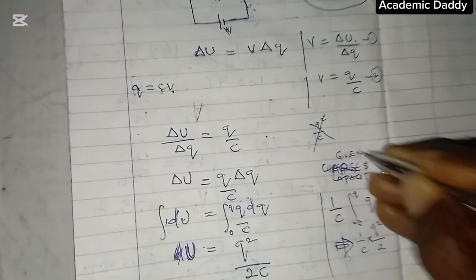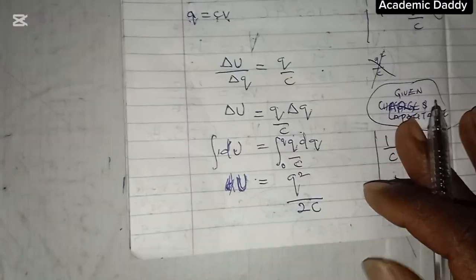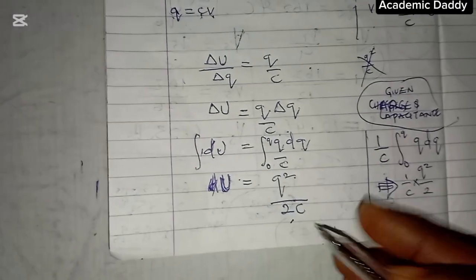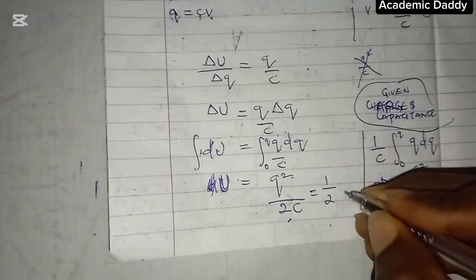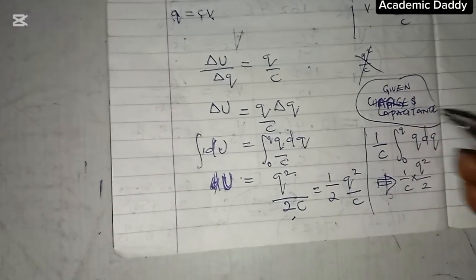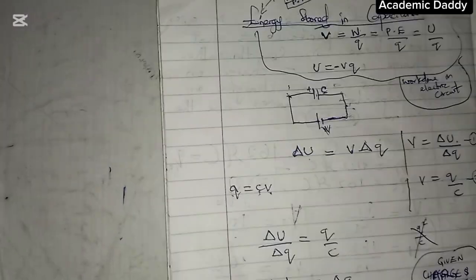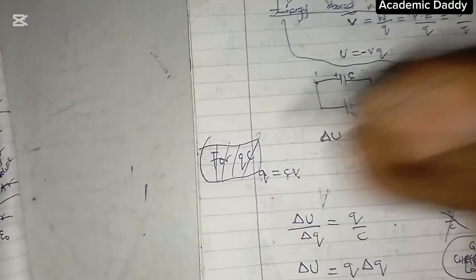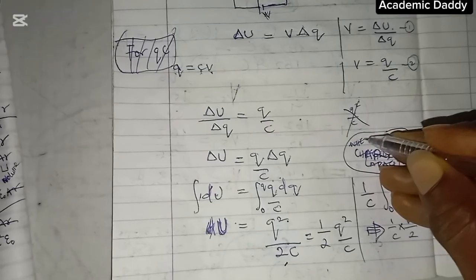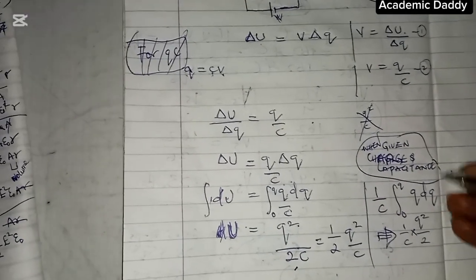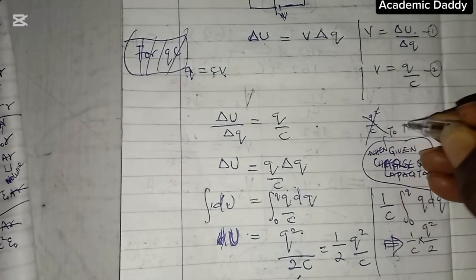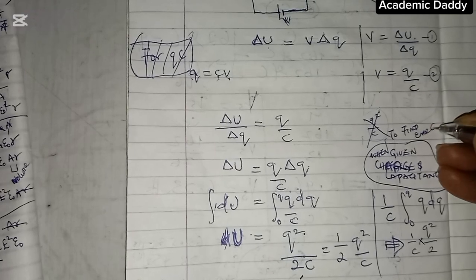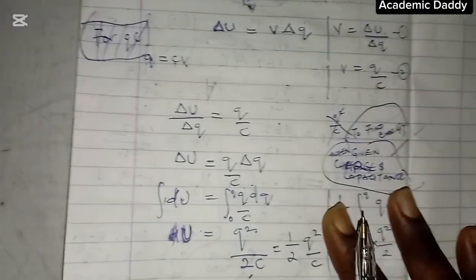So when I'm given charge and capacitance and I'm asked to find the energy stored, I can easily use Q squared over 2C, or half Q squared over C. I normally tell my students to classify this as for QC, when you are given charge and capacitance, to find energy. This is the formula you use.